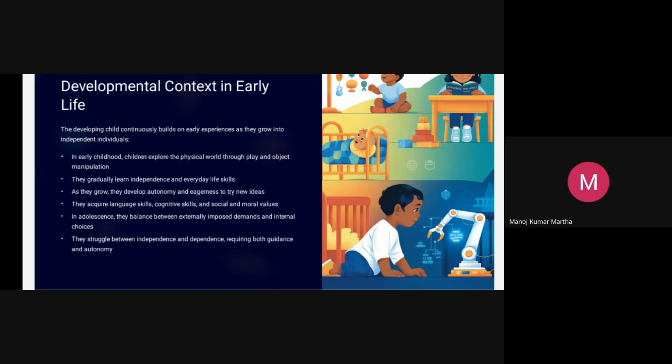When they approach adolescence, they balance between externally imposed demands and internal choices, and they learn that from the family. They struggle between independence and dependence, requiring both guidance and autonomy, so they need support and assistance from the family. So the early developmental context is deeply influenced by the family environment, which facilitates the learning process and makes an individual a social animal.